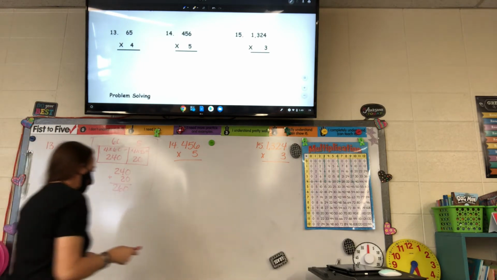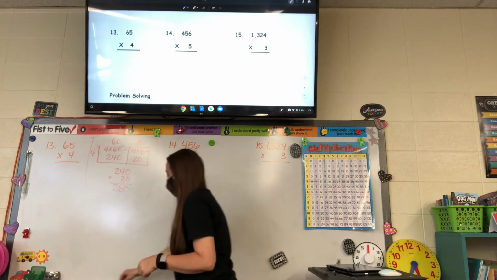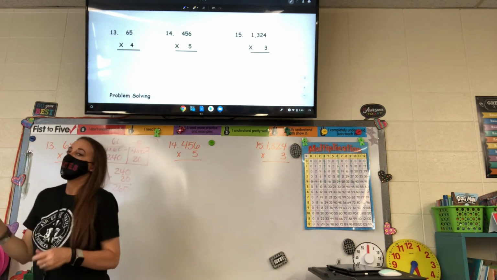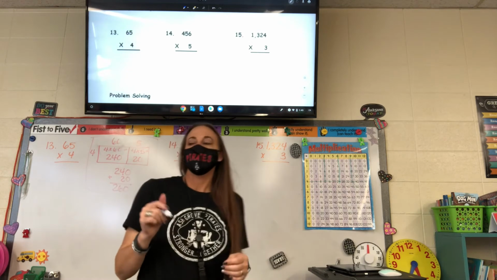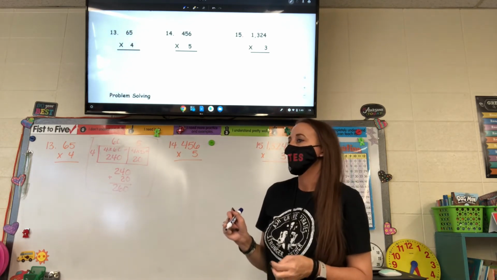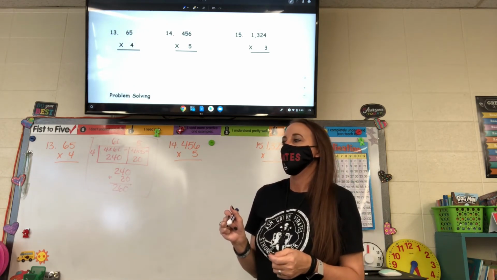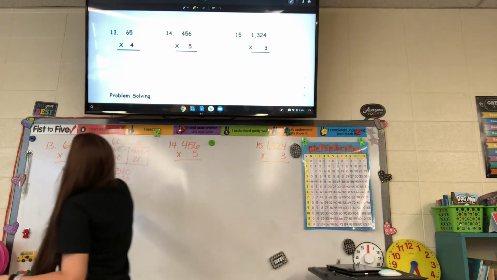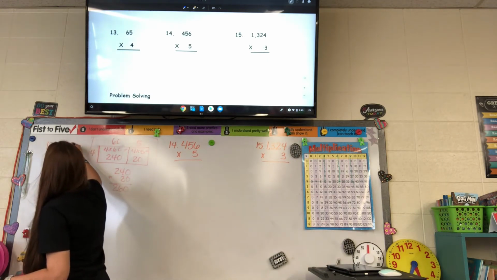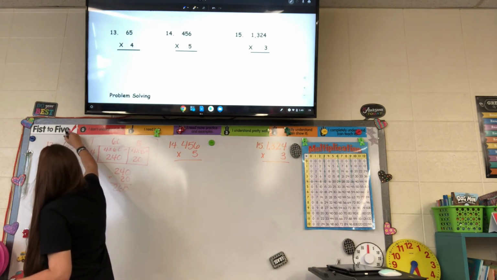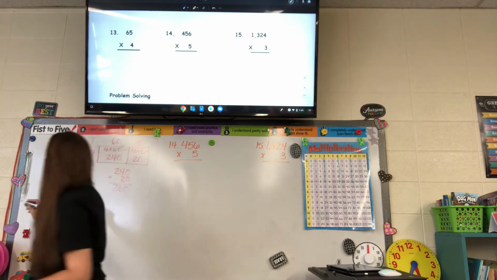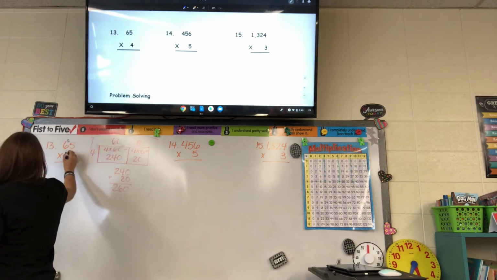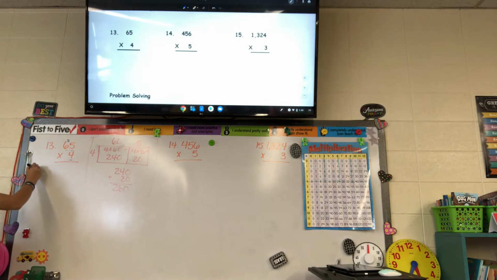The next method that you can choose from is the partial products. What do we have to start with when we're doing the partial products? Little zeros. So we turn the 6 into a 60, and then we're going to go 4 times 60, then 4 times 5.